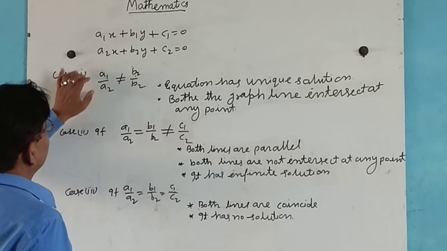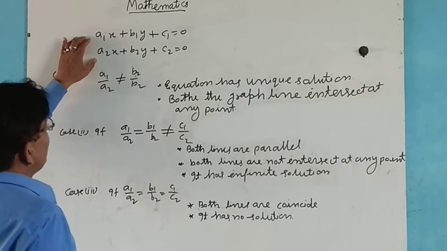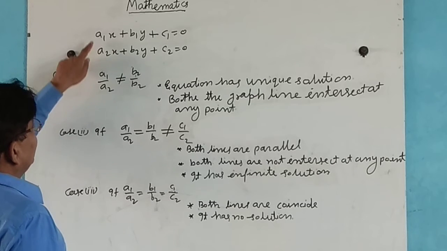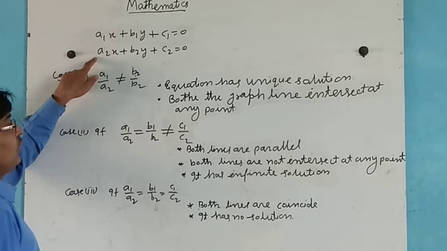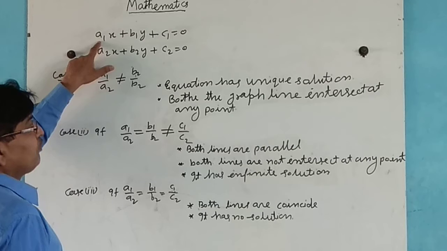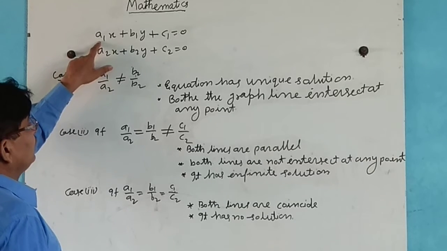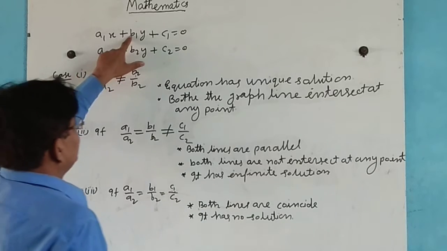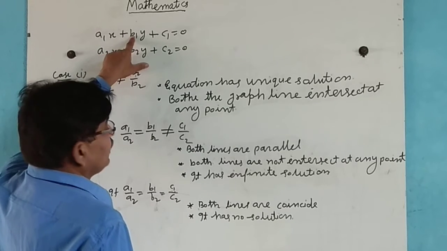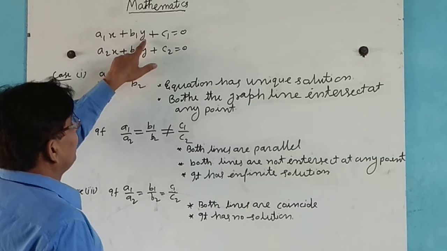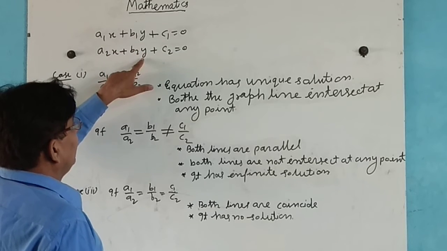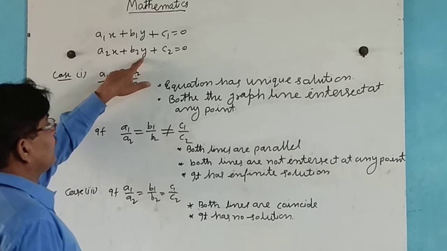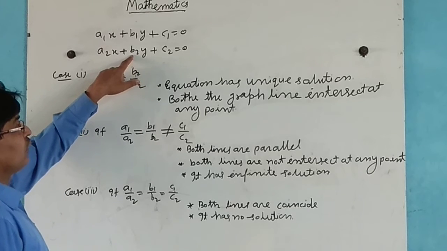Here, case first, a1 divided by a2, that is the coefficient of x in the first equation and the coefficient of x in the second equation. b1 is the coefficient of y in the first and b2 is the coefficient of y in the second equation.